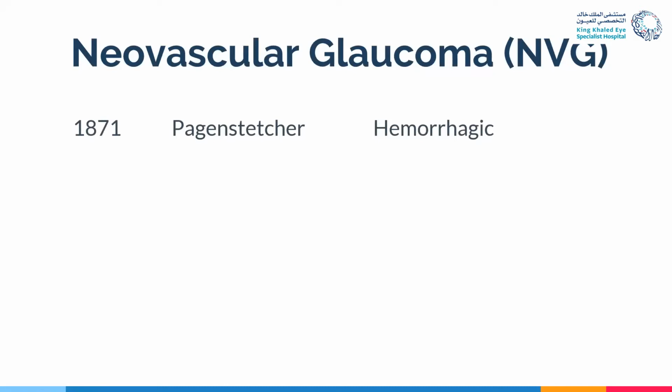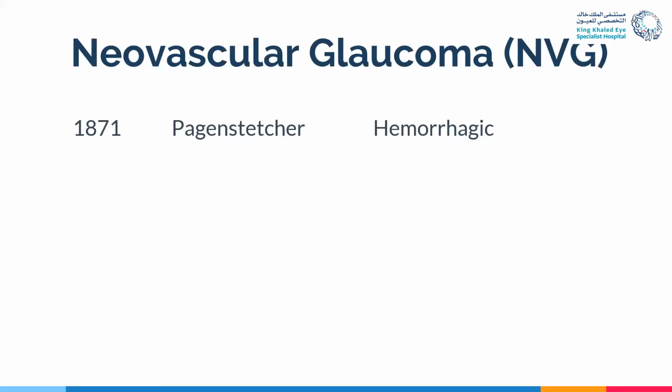The disease was first described by, if I'm pronouncing the name correctly, Bangister, in 1871, when he described the case of high intraocular pressure in a patient with central vein occlusion who developed hyphema. At that time he called it hemorrhagic glaucoma, thinking that the elevation of the pressure is due to the bleeding in the anterior chamber.